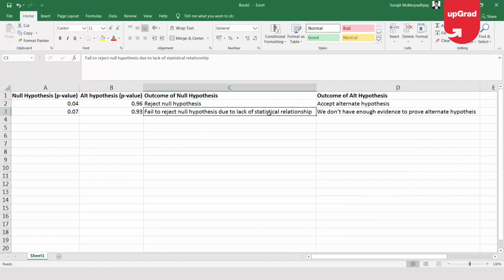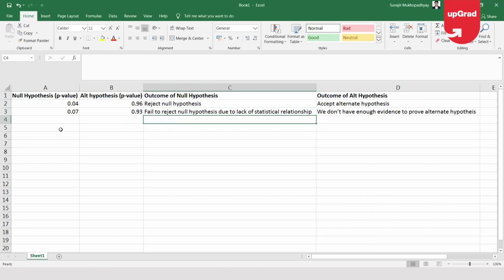We don't have enough evidence to say that the null hypothesis is false, right? So in that case, can we not ever accept a null hypothesis? The answer to that is yes, you can. You can accept the null hypothesis.